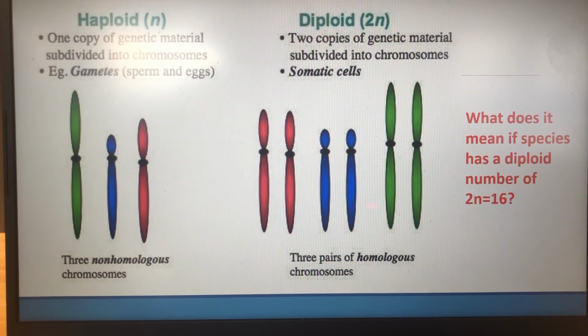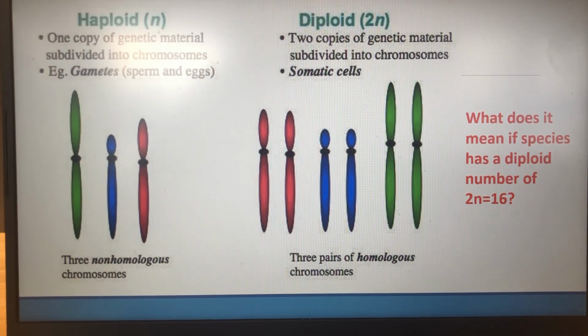This is a test question. What does it mean if a species has a diploid number of 2N equals 16? I want you to think about that for a second. You could even pause the video.